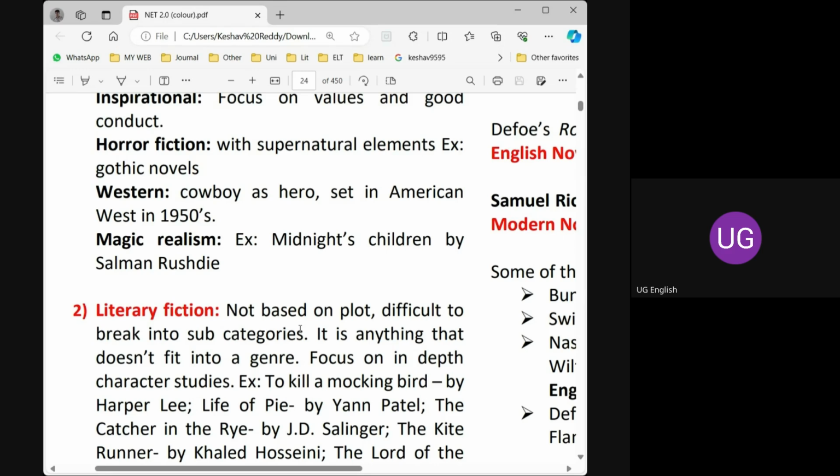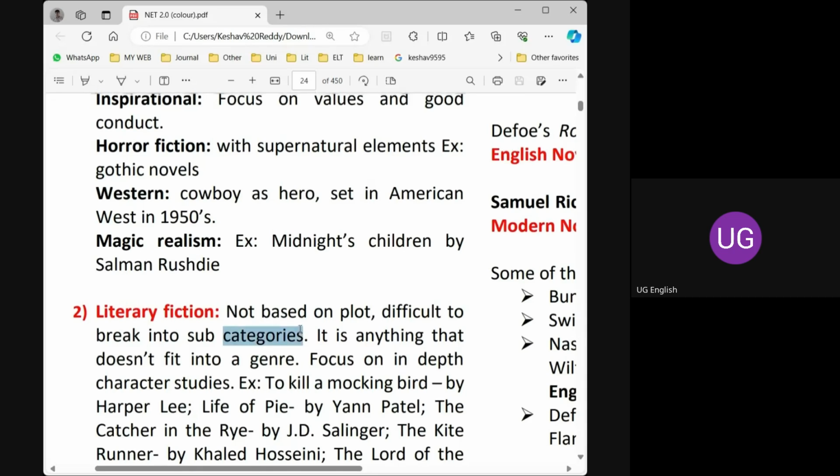There are a few works in English literature that are not easily categorized into genres. They are obviously very important works of English literature, some complex, some typical. These works are called literary fiction. Just know the name, nothing else you need to remember.